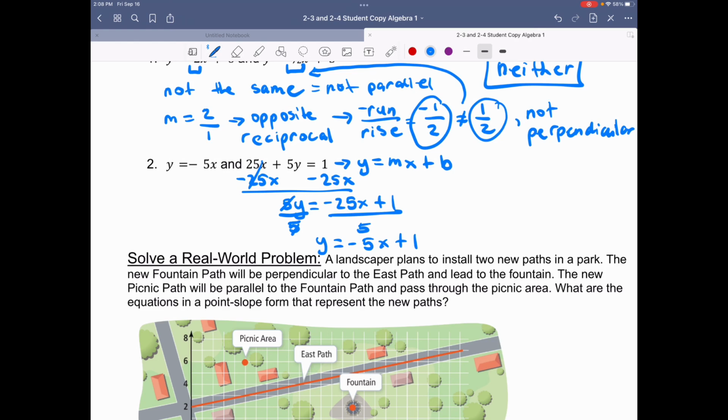And now here we can finally see that in both lines we have the same slope. So we could say, since they have the same slope, they are parallel. And there you go.